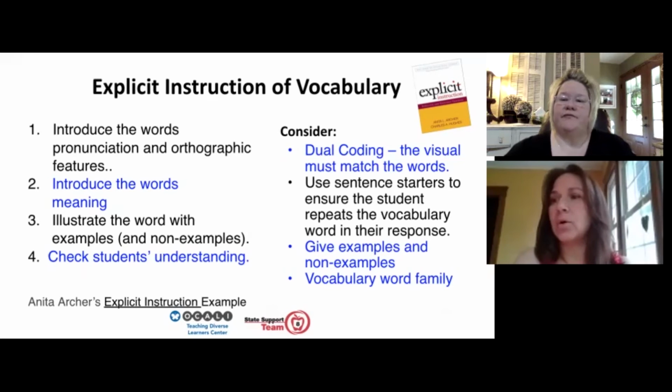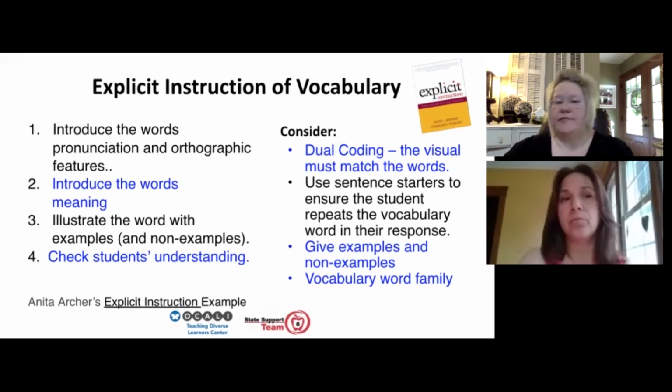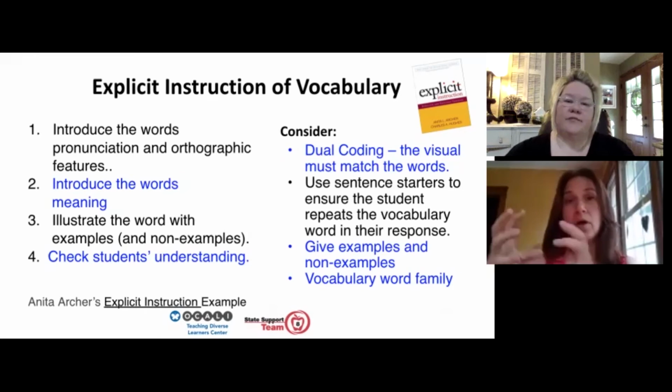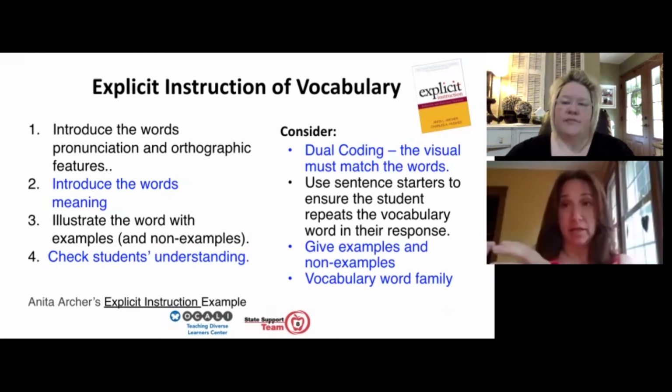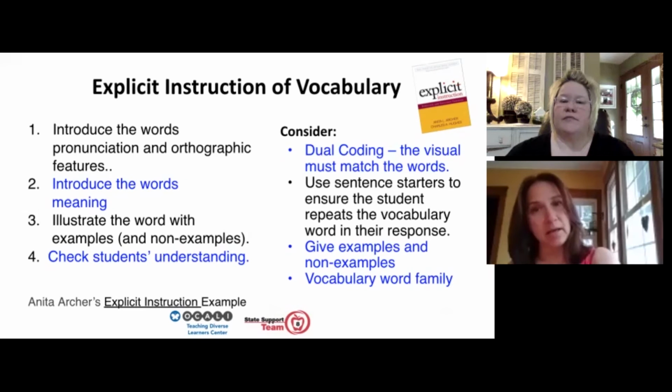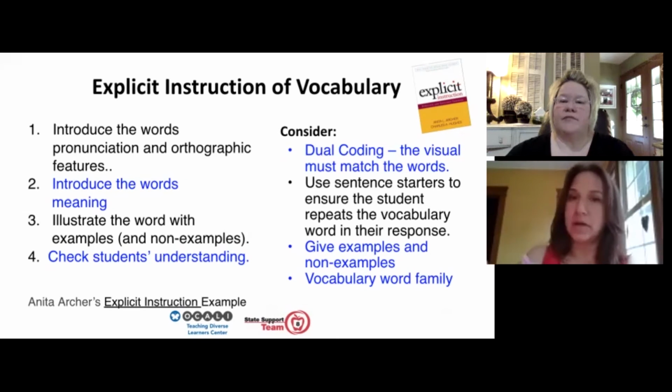But we really want to look at and consider dual coding. If you're using visuals, like Shauna just showed you on the rings and the cards and different things like that, to help support learning meaning, the words must match.